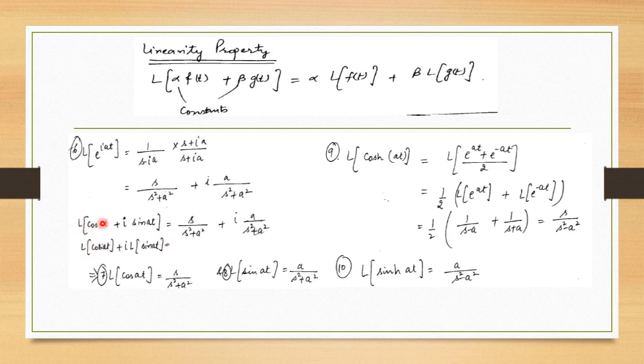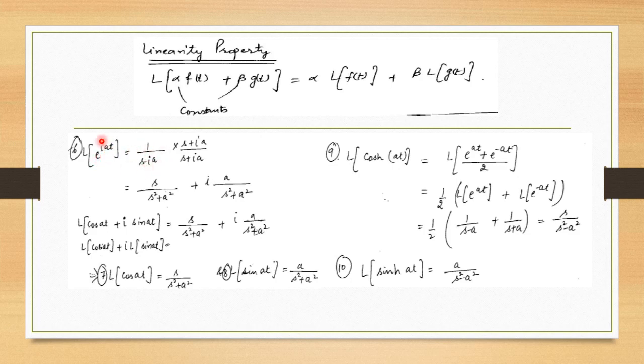We will use this property to find the Laplace transform of cos at and sin at. We first consider the Laplace transform of e to the power iota at. Now by the previous property, we know that the Laplace transform of e to the power at is 1 over s minus a.